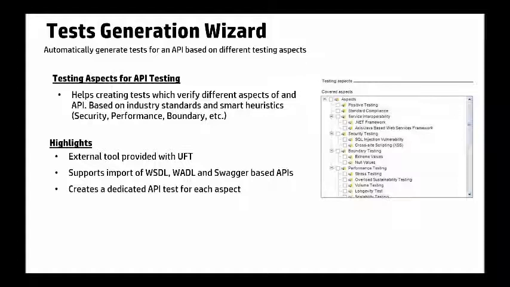When you check those checkboxes, it creates API test activities that are ready to use and should bear very limited maintenance as a start. We should also mention that it supports REST and SOAP, so importing WSDL, WADL, and Swagger-based APIs is also supported.